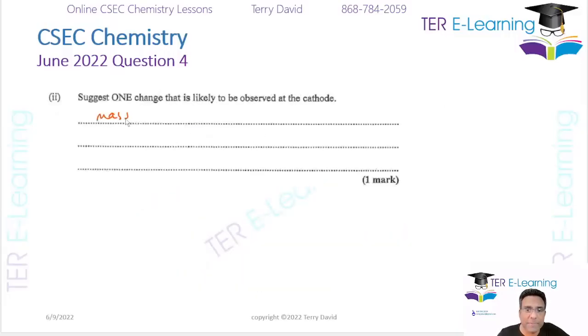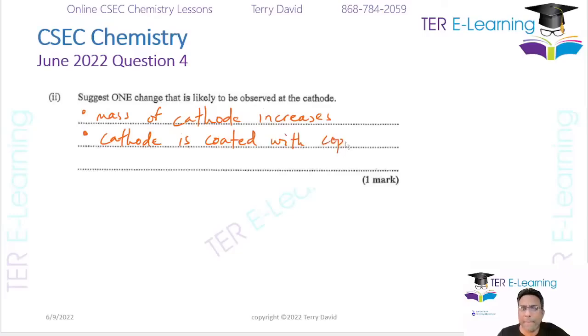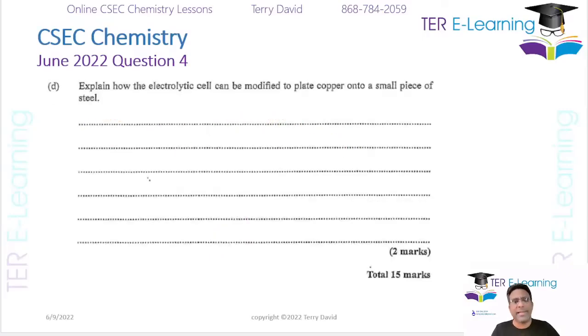So the mass of cathode increases. So that's one possible answer. The other answer could be copper, or you could say the cathode is coated with copper. Right? So you can say that there. That's fine.